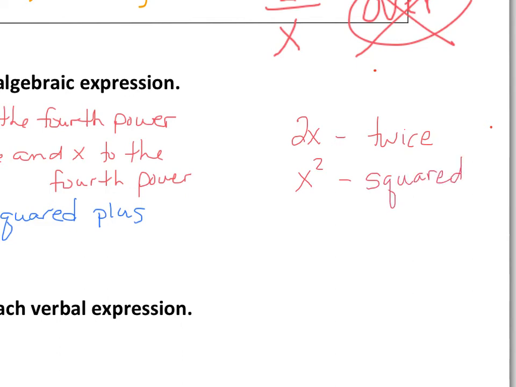And if I have x to the 3rd power, it's going to be x cubed. So these are words that you also need to have a good understanding of. The word twice just means multiply by 2. Squared means exponent to the 2nd power. And cubed means exponent to the 3rd power.